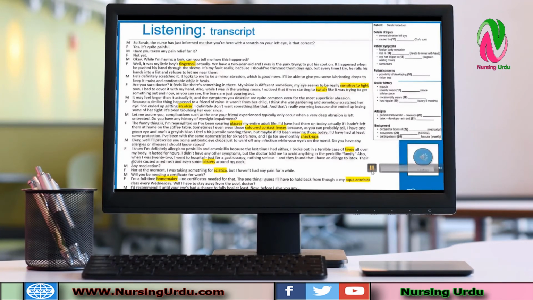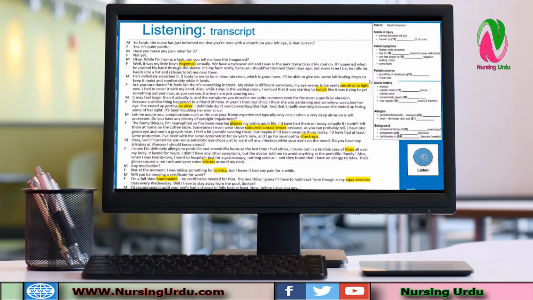So, Sarah, the nurse has just informed me that you're here with a scratch on your left eye. Is that correct? Yes, it's quite painful. Have you taken any pain relief for it? Not yet. Okay. While I'm having a look, can you tell me how this happened? Well, it was my little boy's fingernail, actually. We have a 2-year-old, and I was in the park trying to put his coat on. It happened when he pushed his hand through the sleeve.